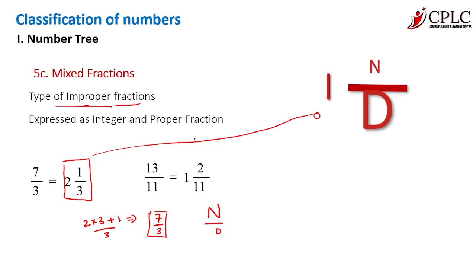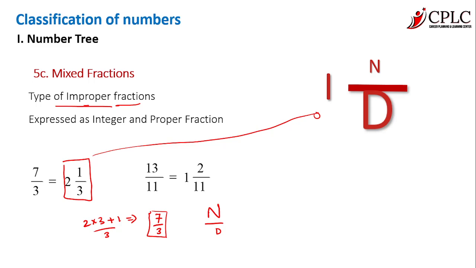So that tells you that mixed fraction is not a separate criterion as such. It is just another way of representing improper fractions. And this is how the simplification happens. So these are the three main types of fraction: proper, improper, and mixed fractions. And this is how you should be able to figure them out.